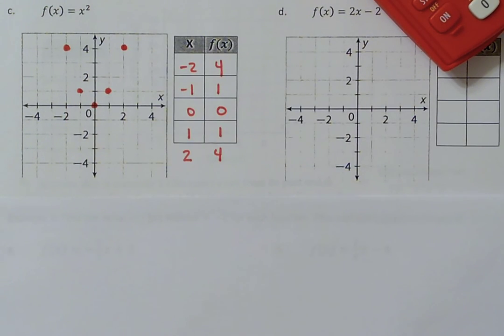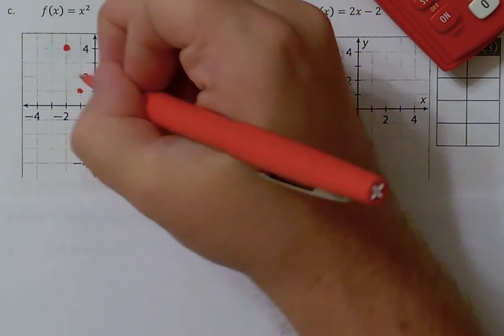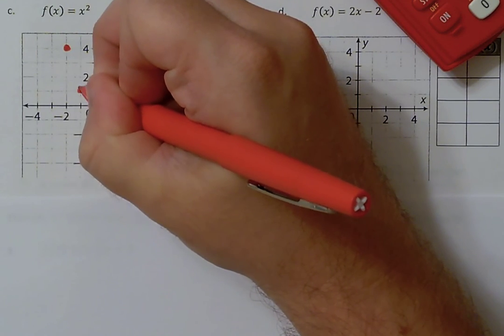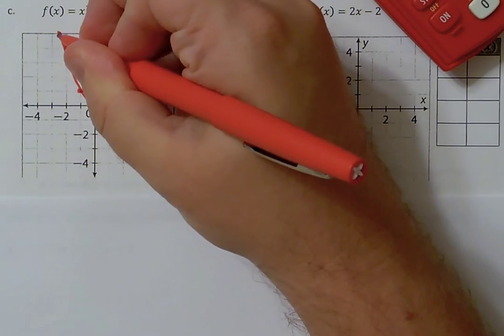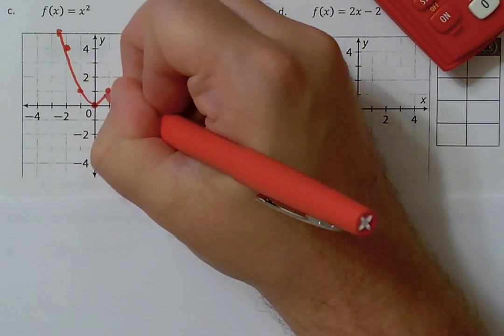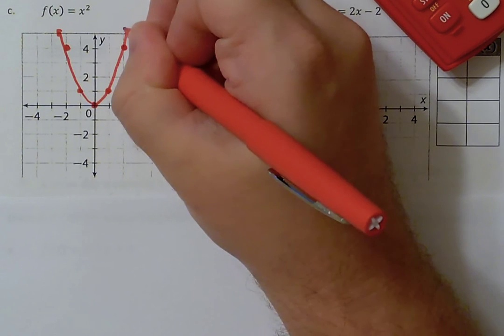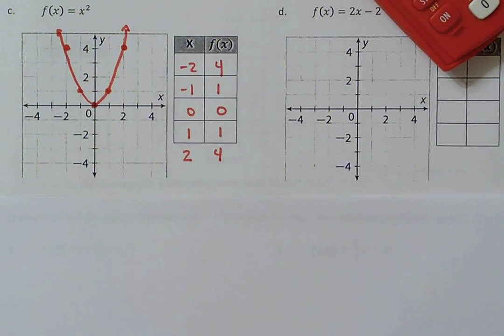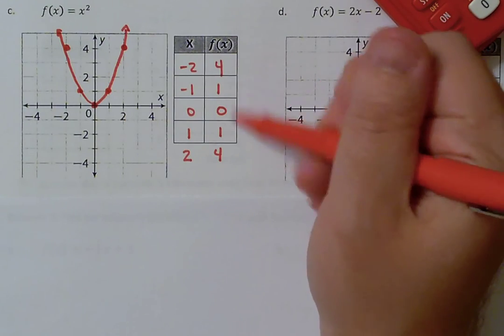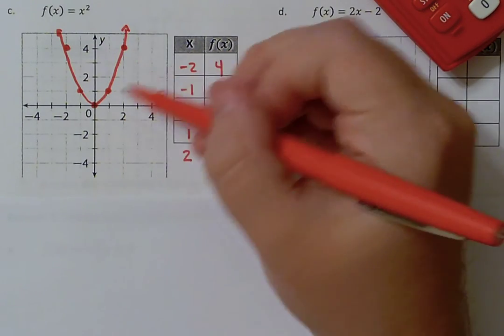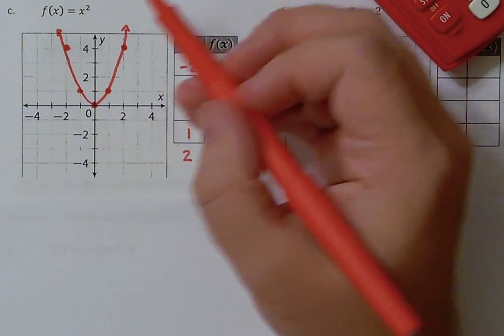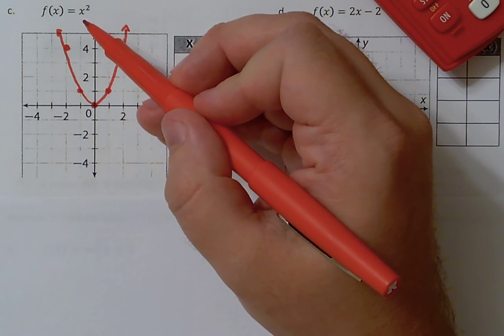So anytime that you have x to the power of 2 in your function, it's going to form a U shape, which we call a parabola, and it's not going to be connecting lines like for a straight line, but our graph is going to look like that. Now we're not going to get into anything too much more than that, but I just want you to know that's how we fill in a table, how we plot the points, and what the graph looks like for something with x to the power of 2.